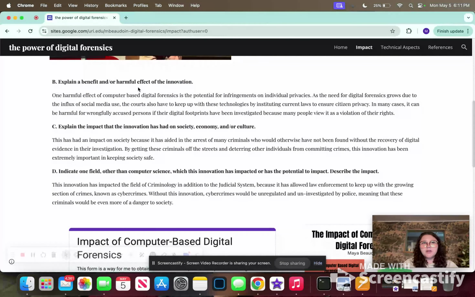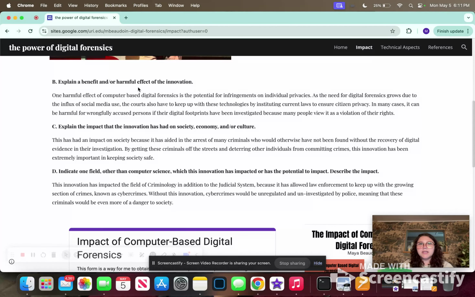So for B, a benefit and/or harmful effect. The harmful effect I had was that, because the technology is new and there's not a lot of laws around digital forensics and modern technology, there is the potential for infringements on individual privacy.